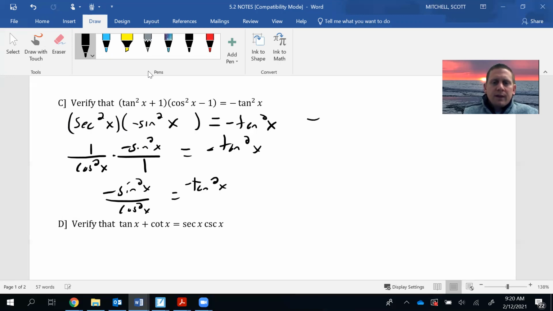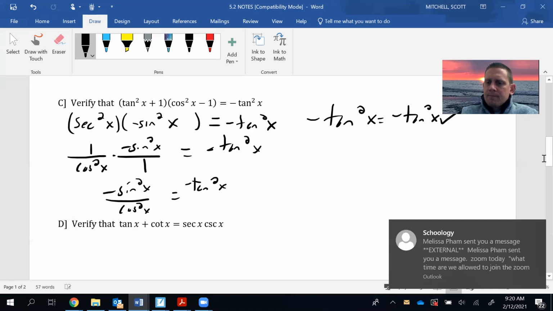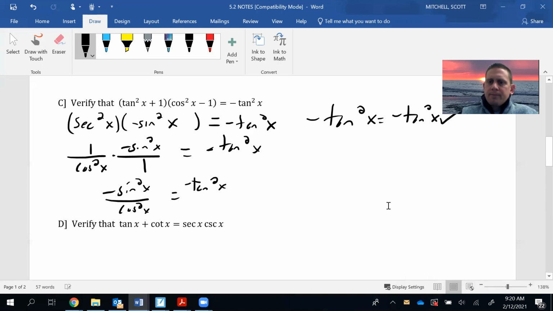And then this is negative tangent from the quotient identity. Okay, so there's our proof.